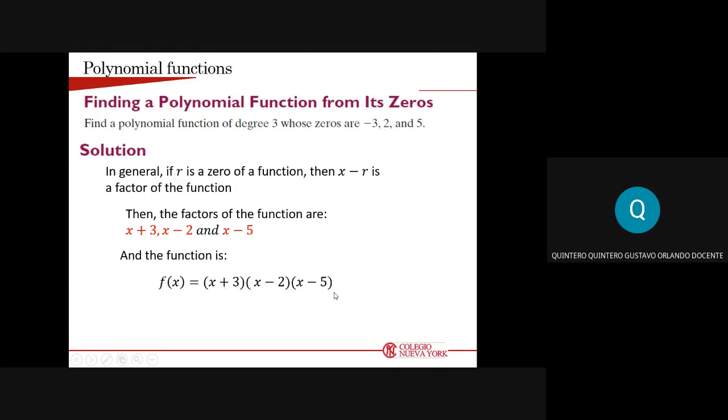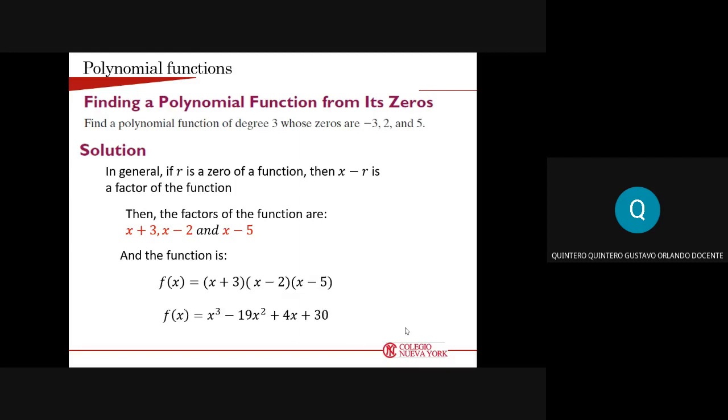This is where things get a little bit more mathematical. All you have to do is expand this, multiply. x times x, x times -2, 3 times x, then 3 times -2. You're going to use the distributive property. And once you're done with those two, you deal with the third, using the distributive property.